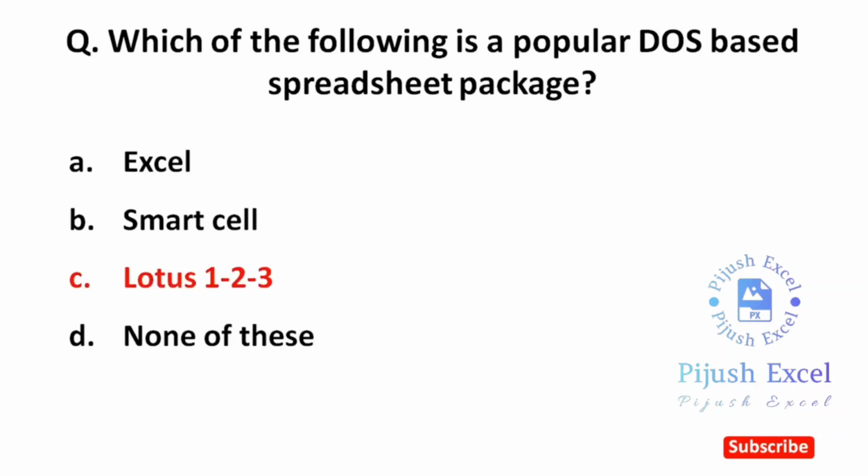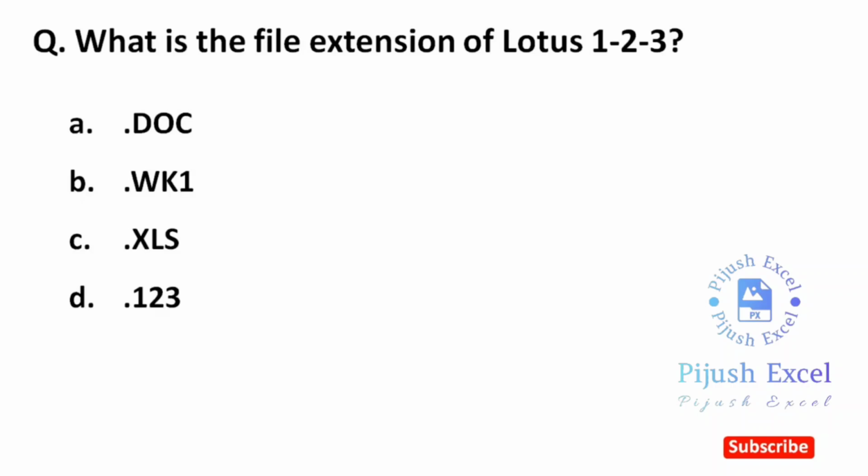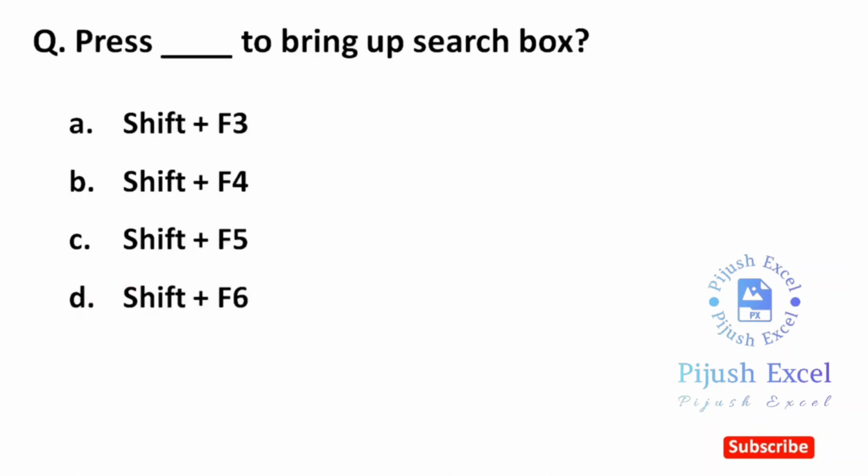Option C. Next question, what is the file extension of Lotus 1-2-3? Answer option D. Next question, press dash to bring up the search box. Right answer C, Shift plus F5.